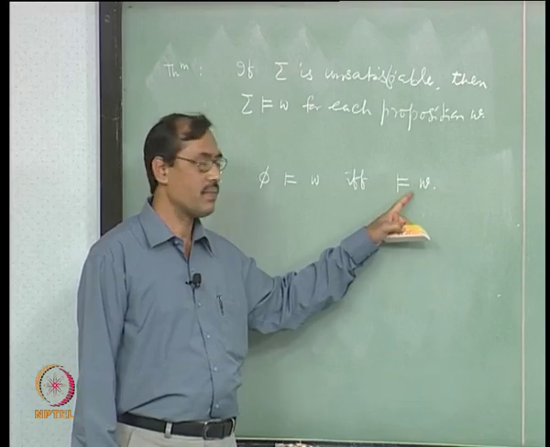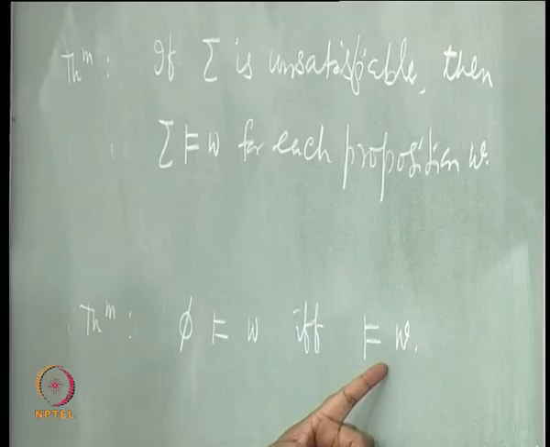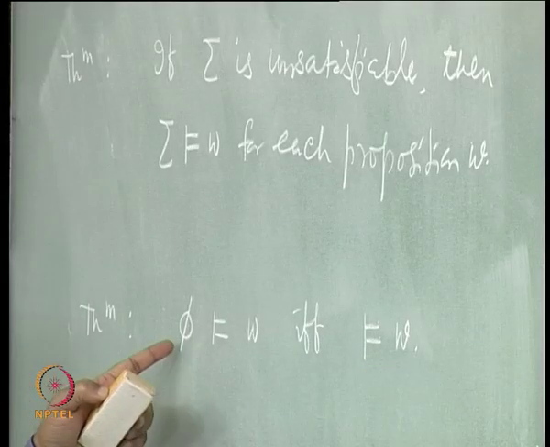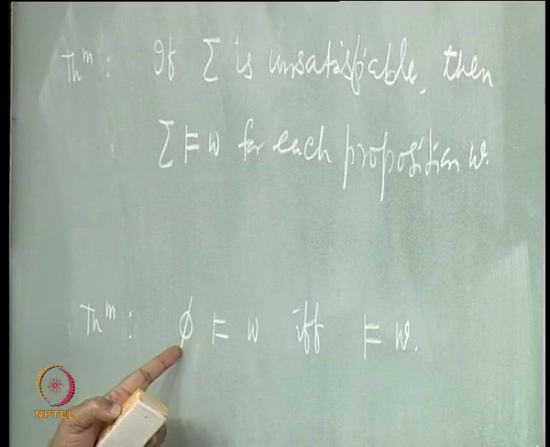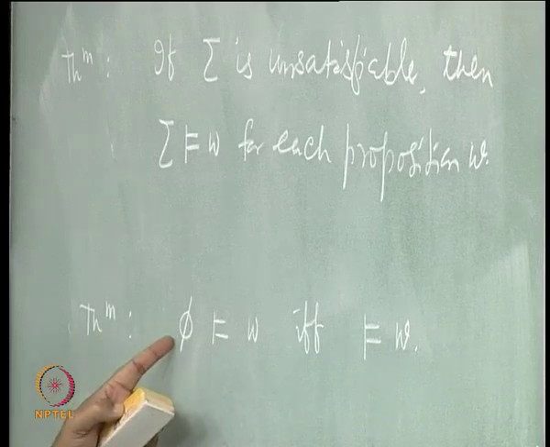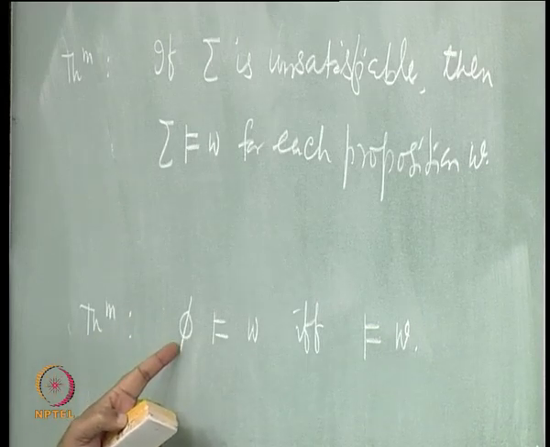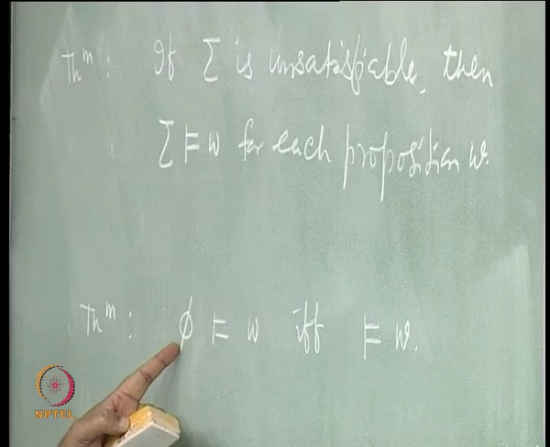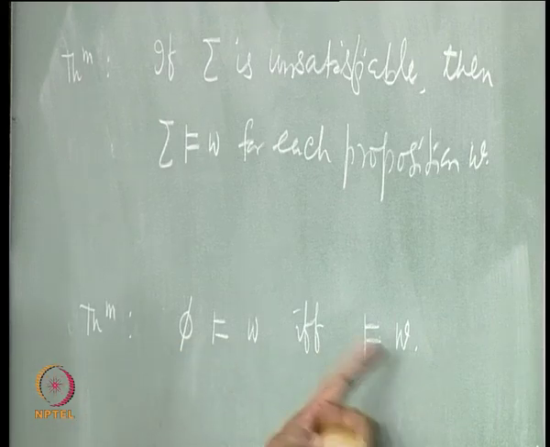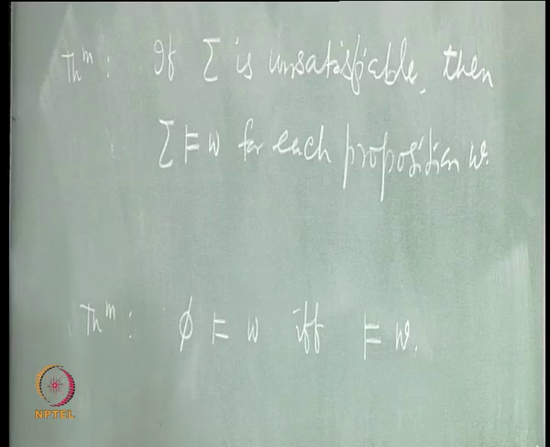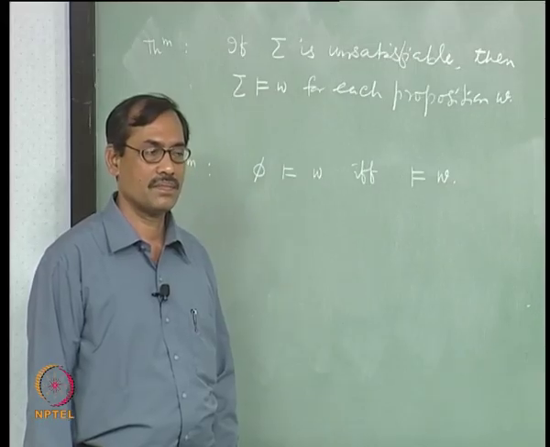Conversely, if every interpretation is a model of W, then every such interpretation is also a model of empty set, or you start from any interpretation which is a model of empty set. Now, that happens to be a model of W because W is valid, therefore, empty set entails W. Is that clear?